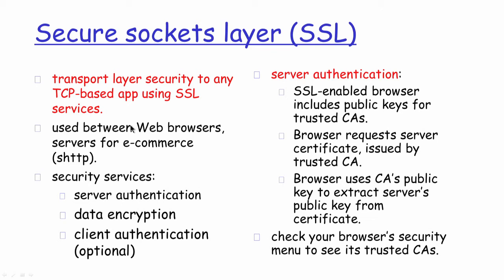Now what is this HTTPS? This is a secure form of the HTTP protocol, where before your data actually goes out, so for example, let us say that you are giving your bank account details or your credit card details or whatever it is, for obvious reasons you do not want it to be transmitted in plain text form, but you want it to be transmitted only in an encrypted form.